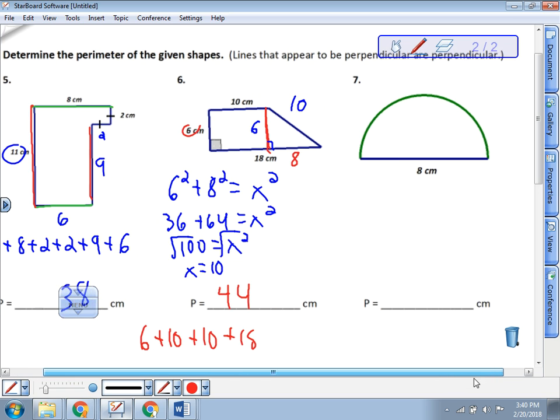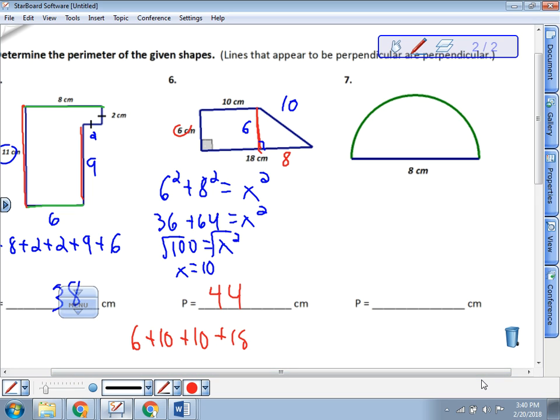Now, last problem, probably the most challenging problem that you will see, definitely a test type question. It's half of a circle. The first thing we need to know is that circumference equals pi times diameter. Our diameter is 8, so this is 8 pi. But that would be for a whole circle. We only want half, so I divide that by 2, and 8 divided by 2 gives me 4 pi.